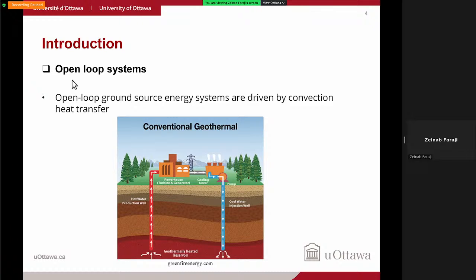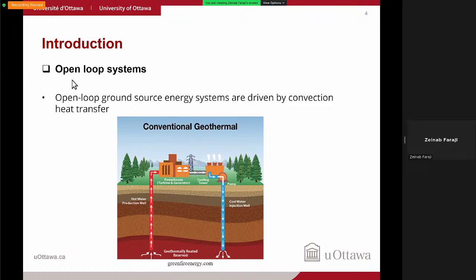These geothermal systems are utilized to capture and/or move heat from and into the ground directly, capturing water from an underground source into a well and sending it back to another well which is located at a different location.